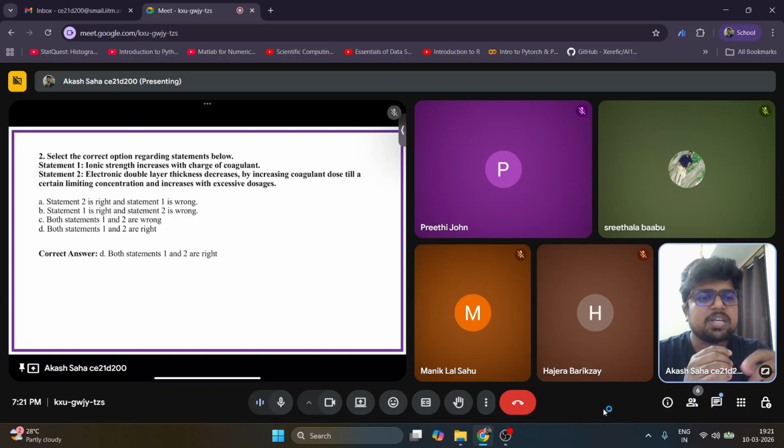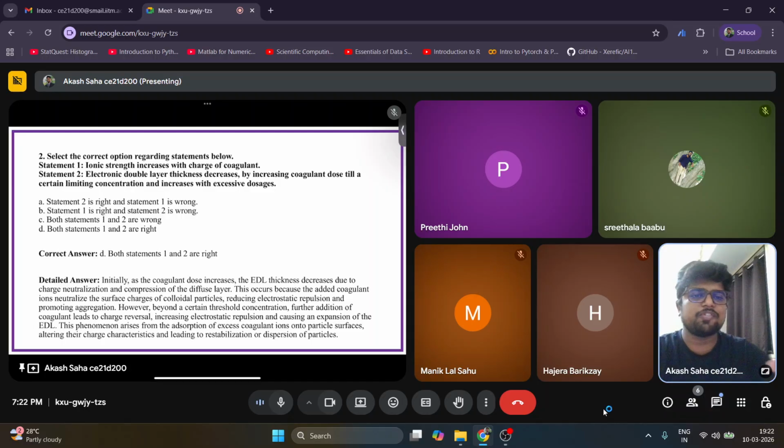But after a certain dosage, suppose all the negative charge is neutralized, and still you are adding more and more positive charge. Then the positive charges will come onto the system and it will start the electric repulsion again, so it will destabilize again. So the thickness of the electric double layer will start increasing. That is why only up to a certain dosage the thickness of the double layer will decrease, and then it will start increasing again.